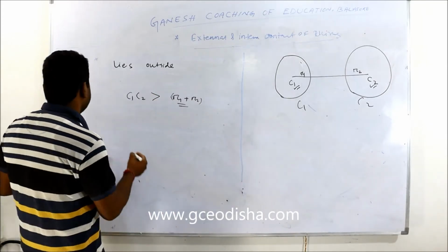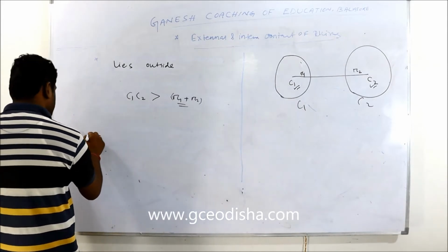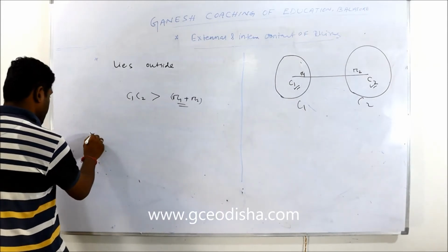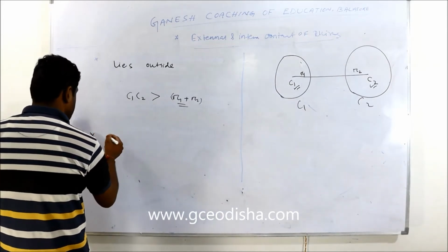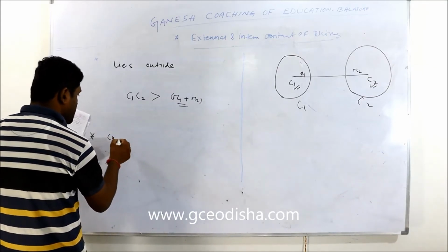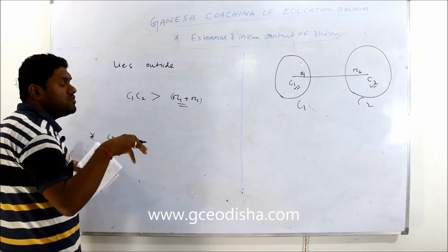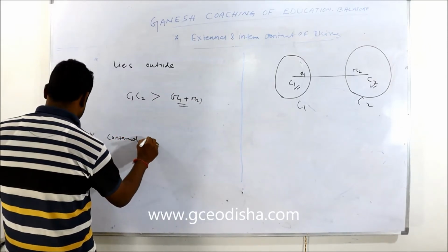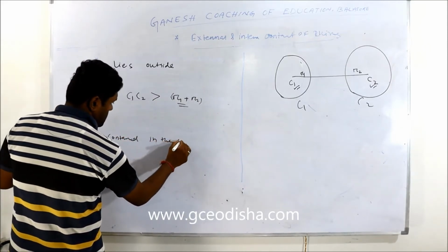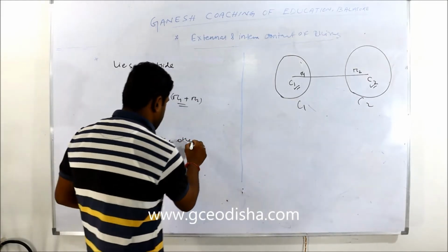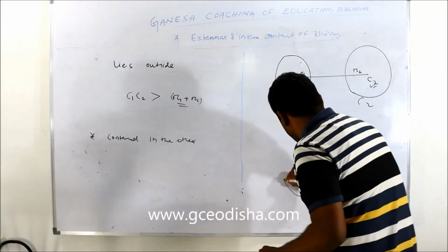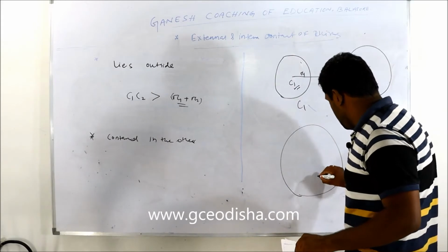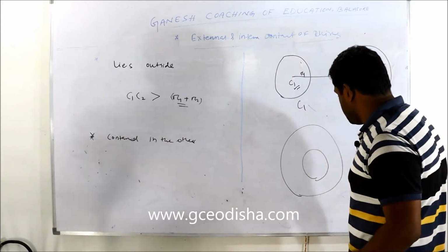Okay, this is concept 4, and now concept 5: one circle is contained in the other. Contained in the other generally means this is a circle and another circle is like this, inside it.